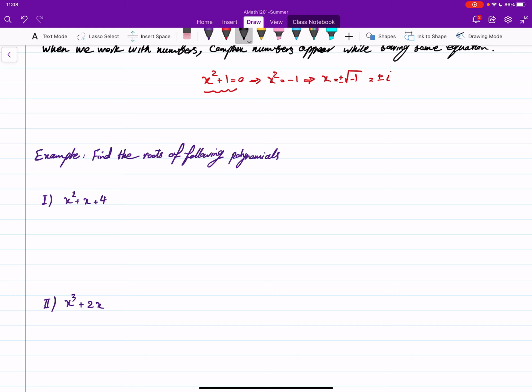Okay. Find the roots of the following polynomials. It means that set them equal to 0. This is quadratic, so I can use the quadratic formula: minus b plus minus root b squared minus 4ac, divided by 2 times a. Well, if you find the number under the square root, this is -15 over 2. And right away you see that there is no real root there, because the square root of a negative number doesn't make sense.